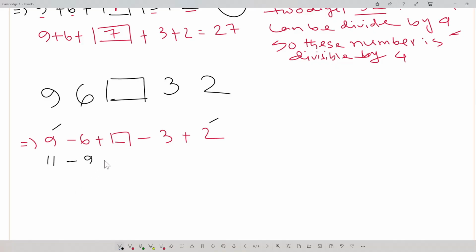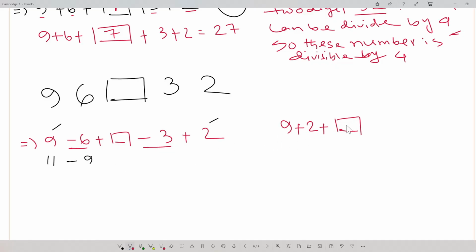So here, if we put 2, it will become 9 plus 2. Look, here we get minus 9 and minus 3, but this one means plus, so it will be 9 plus 2 plus something. If we put 0, it will become similar, 11.